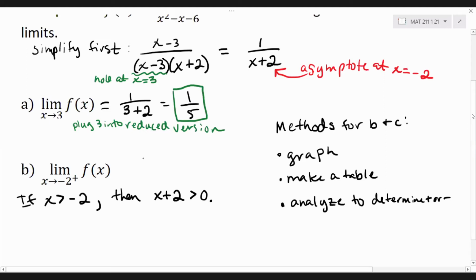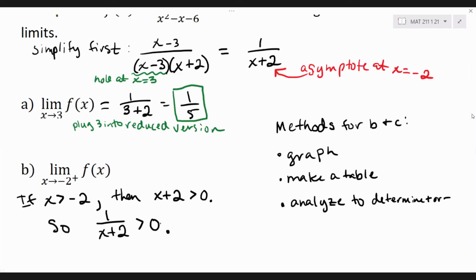For example, if x was -1, that's bigger than -2, and -1 plus 2 is positive. So if x is on the right side of -2, it's bigger, and if we add 2, we get a positive number, which means 1 over x plus 2 is also positive. It's never going to be negative as long as we're on the right side of -2, because we have a positive over a positive, which means it's going to positive infinity.